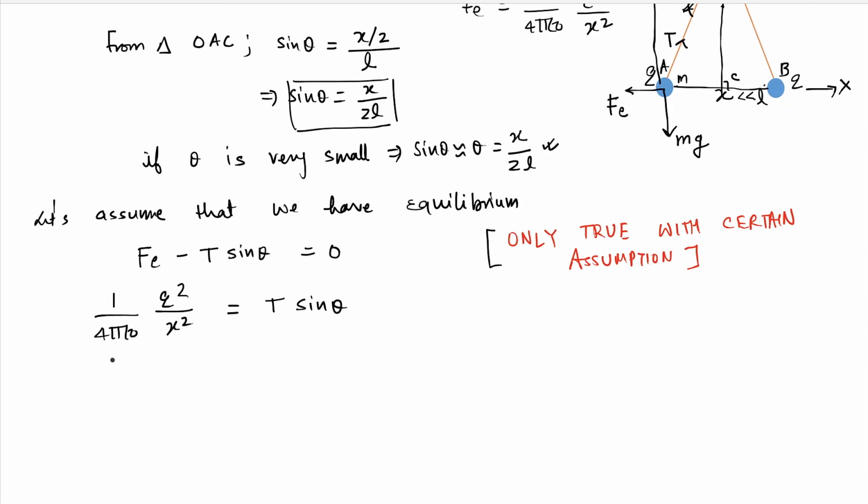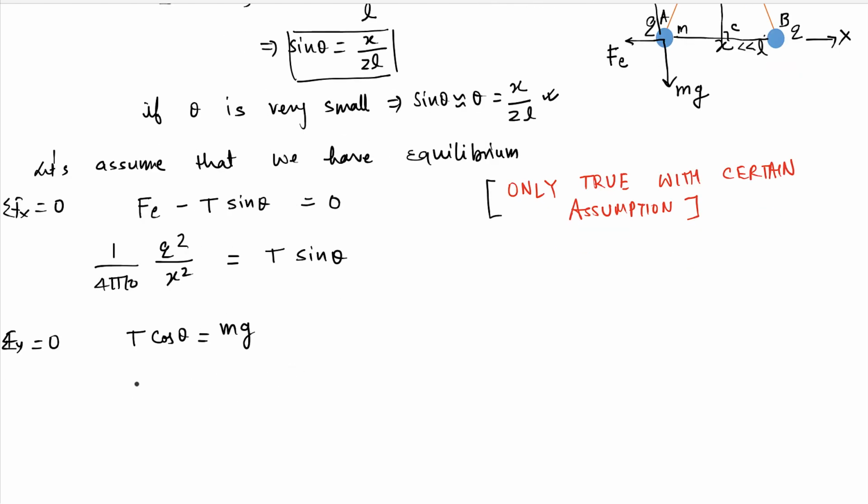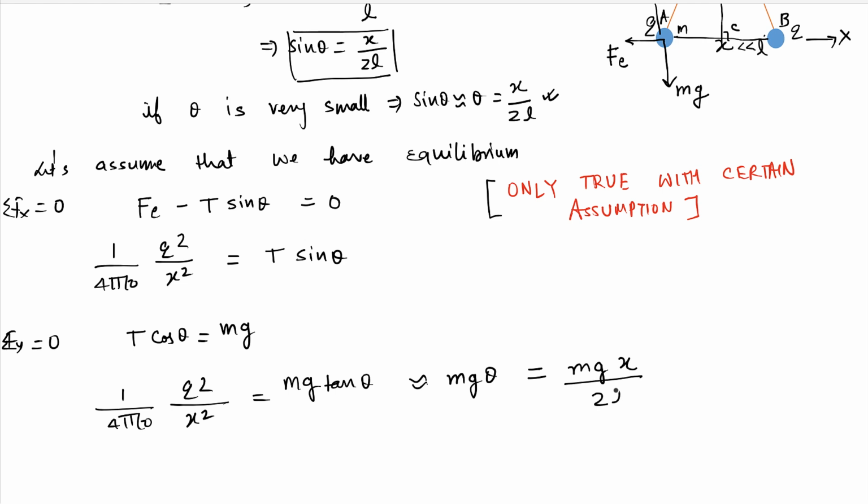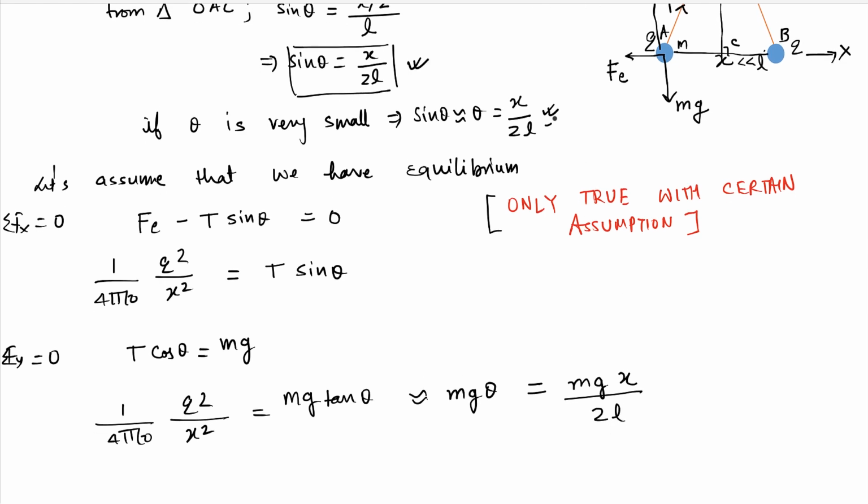And in the y direction, if you take Fy as 0, then T cos theta is mg. Therefore, we get 1 by 4 pi epsilon naught q square by x square equals mg tan theta, which is equal to mg theta, which is equal to mg x by 2L, because theta is x by 2L, right?